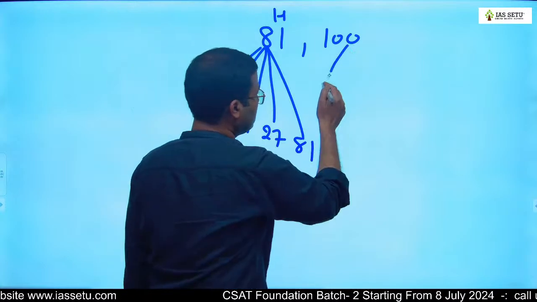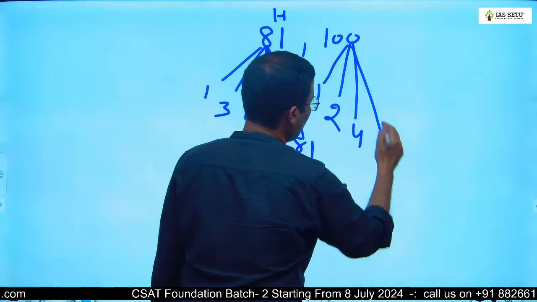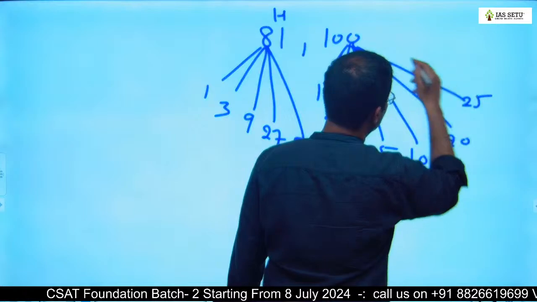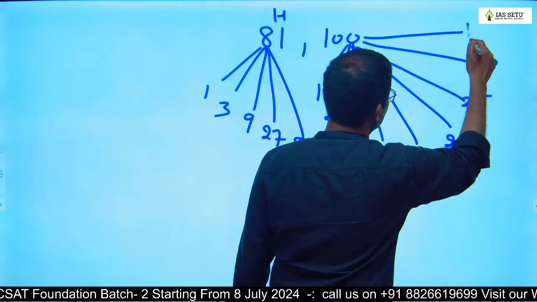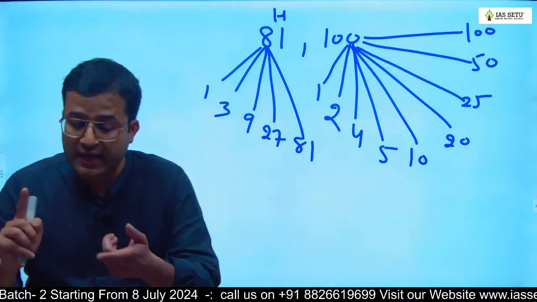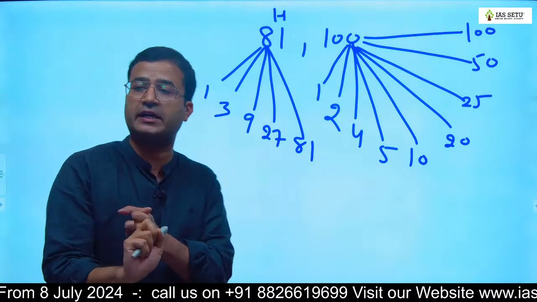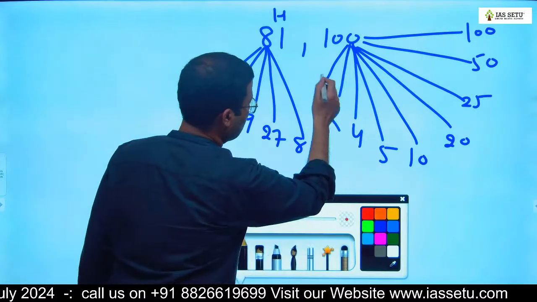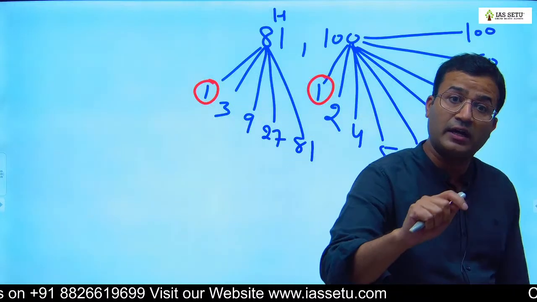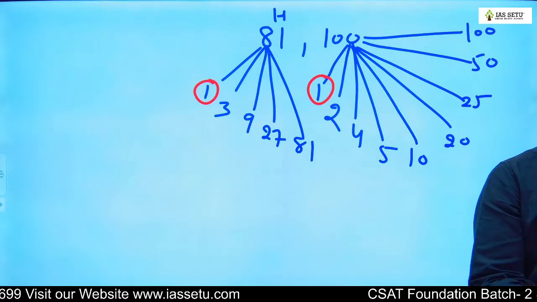See, 100 has relations with 1, with 2, with 4, with 5, with 10, with 20, with 25, with 50. But here they have only one as a common relation. Between both, there is only one connection, only one. So that's why 81 and 100 are also co-prime to each other. They are not prime, but they are co-prime to each other.